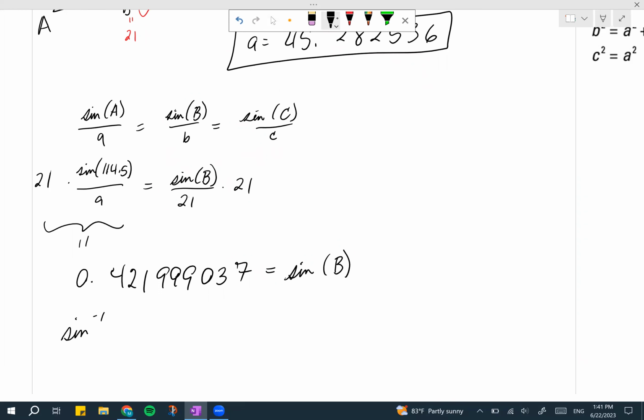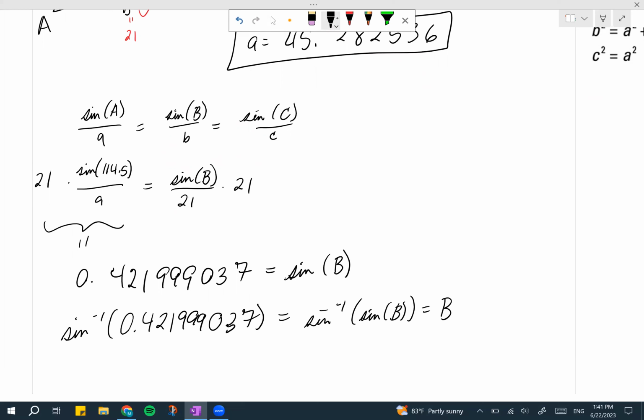Sine inverse of this decimal 0.421999037 is equal to sine inverse of sine of B, which is just going to give me back B. So whenever I do sine inverse of that, I get big B is equal to 24.9608.